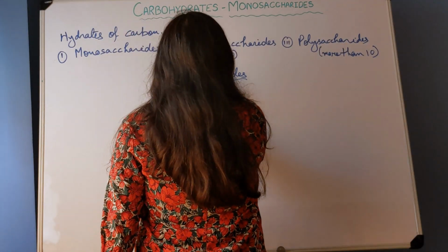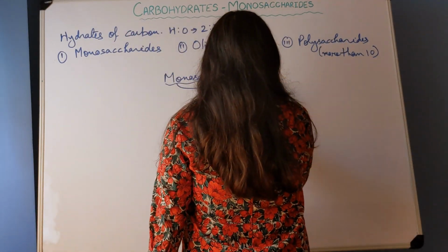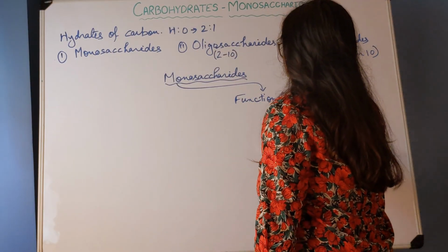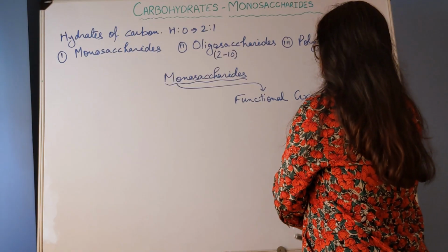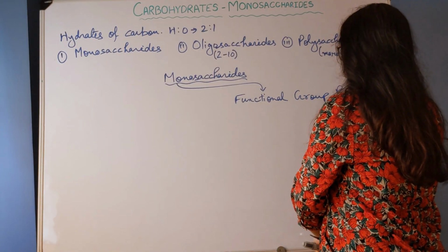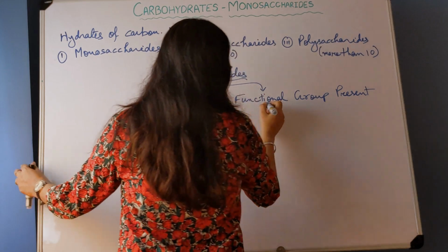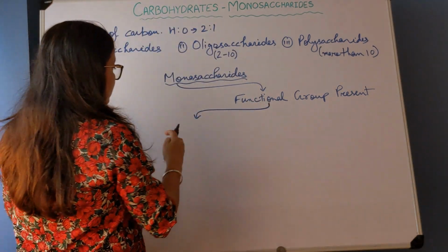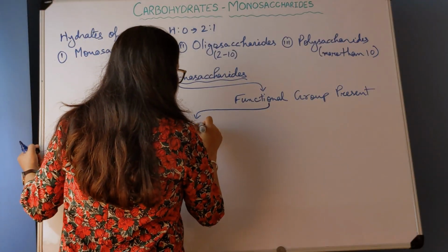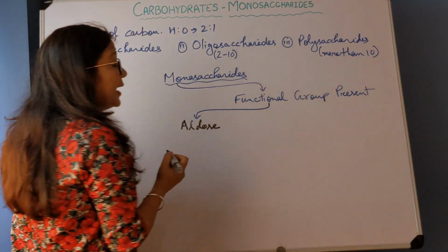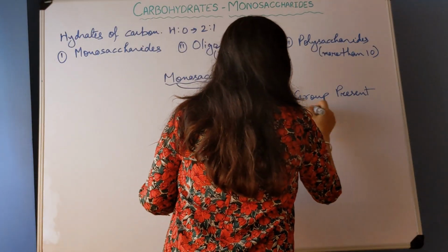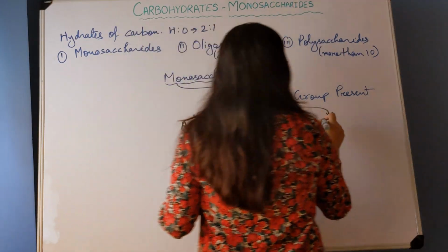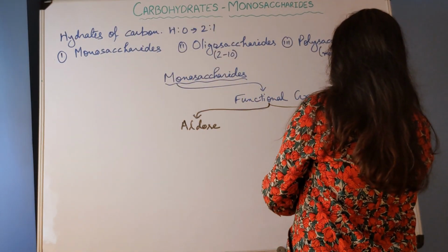So based on which functional group is present, they are classified into aldoses and ketoses. Aldoses have an aldehyde group attached to them and ketoses have a ketone group attached to them.